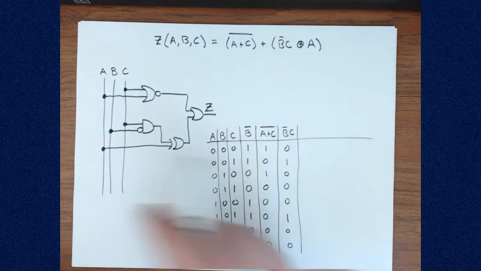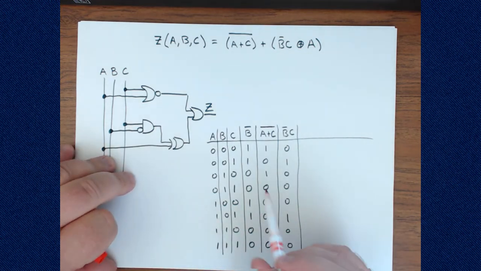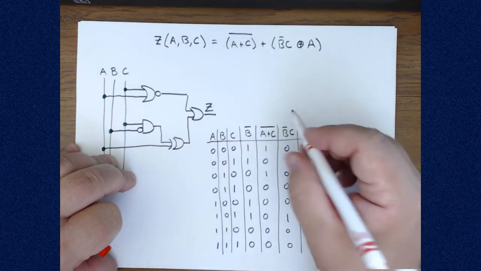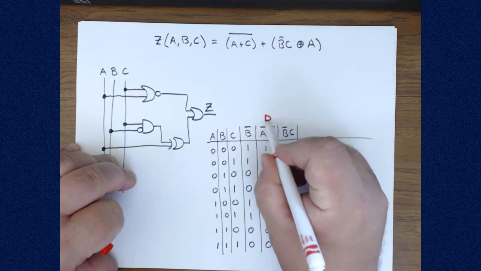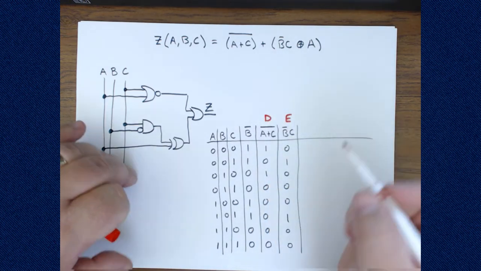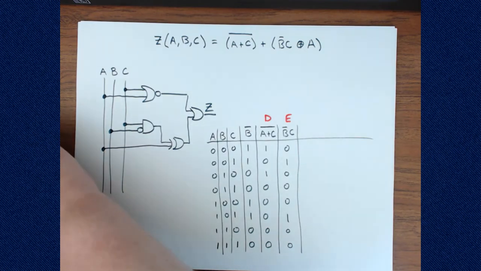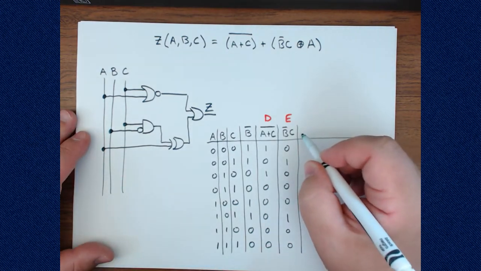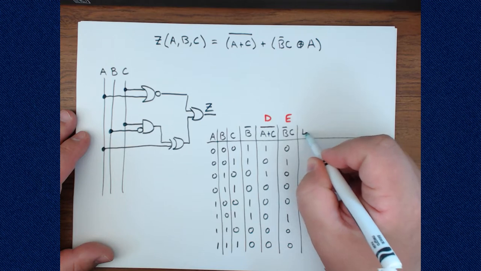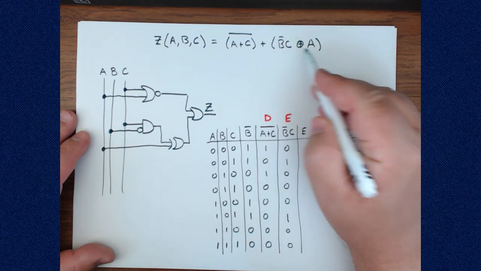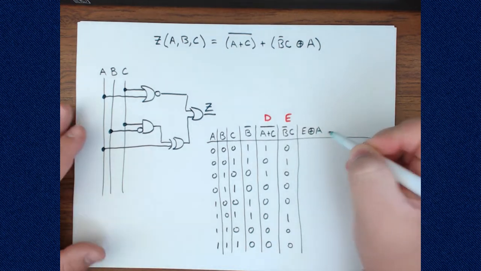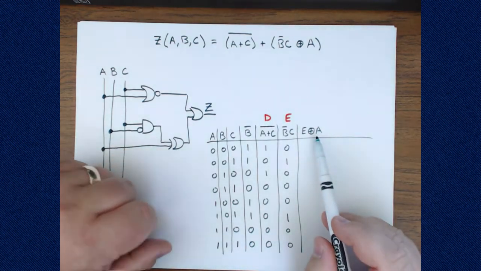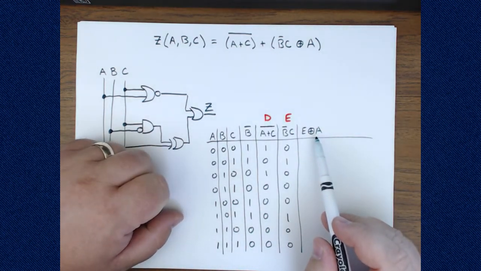Now we need to exclusive OR that with A. So I've already got A, B, and C. I'll have to reuse this later, so I'll call this D. I'll call this E for the sake of it. And then we are looking for E, that's this, exclusive ORed with A. All right. So exclusive OR, I need 1 and only 1 to be a 1.